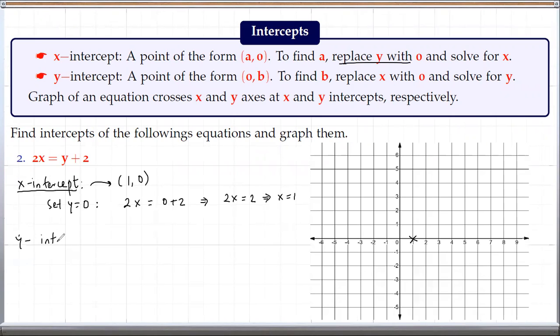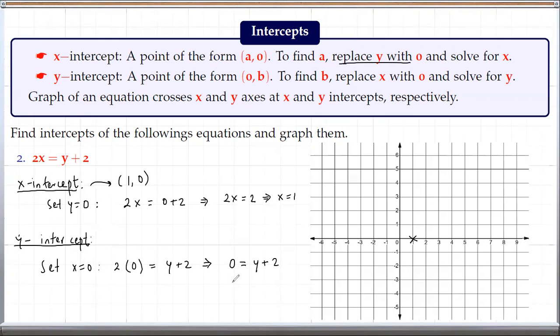And similarly, to find the y-intercept, set x equals 0. When you set x equals 0, you have 2 times 0 equals y plus 2, which implies 0 on the left side because we have 2 times 0 equals y plus 2.